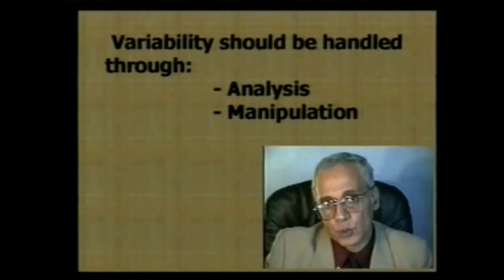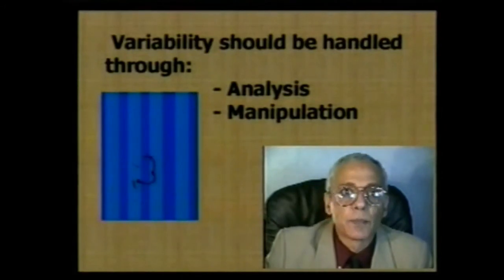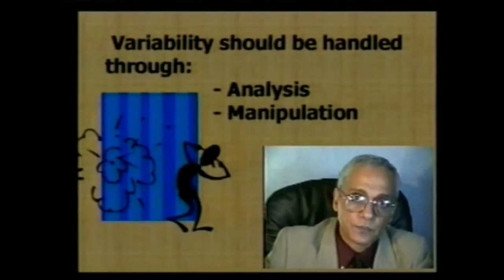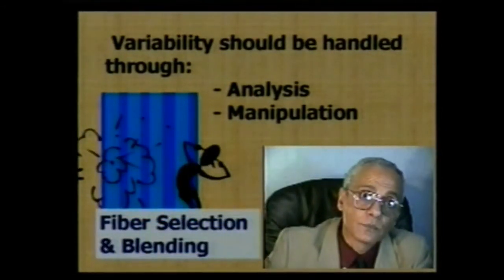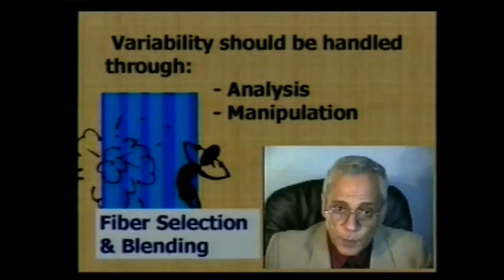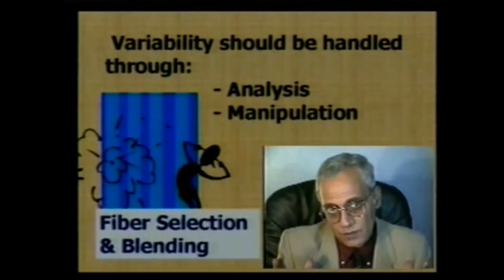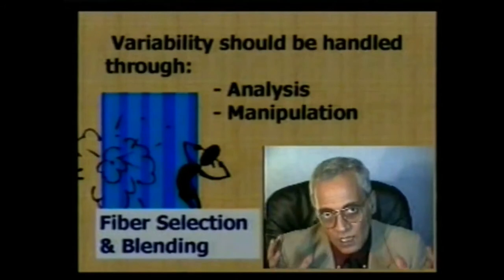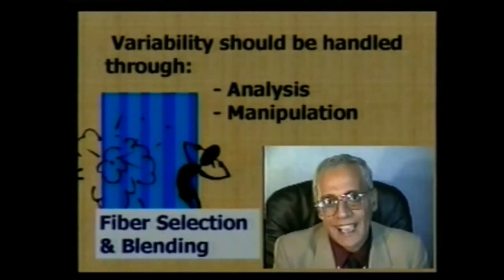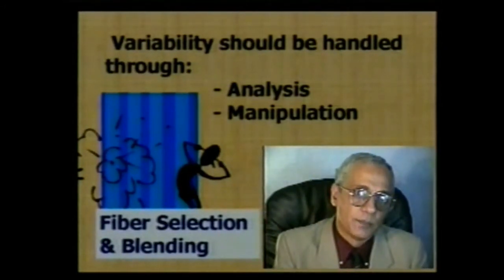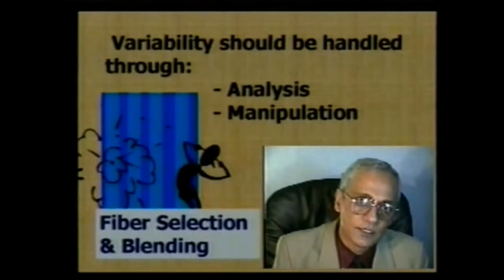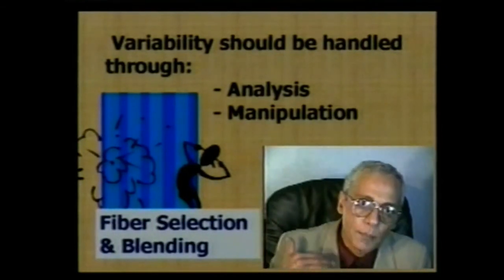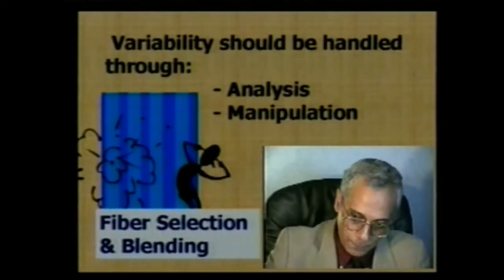But the key issue in dealing with and manipulating variability is fiber selection and the blending. Any spinner today ought to understand the underlying concepts of fiber selection and the blending, because this is the key to an excellent manipulation of variability.